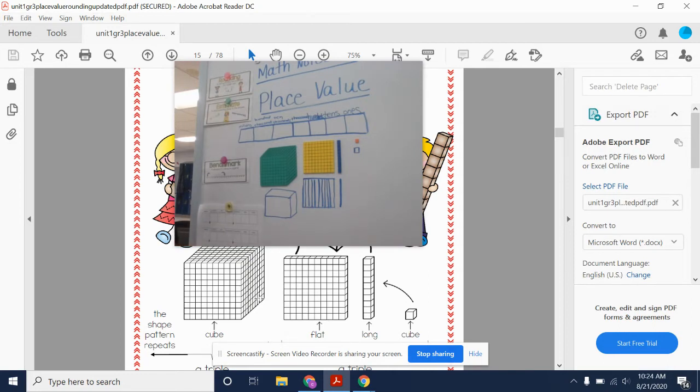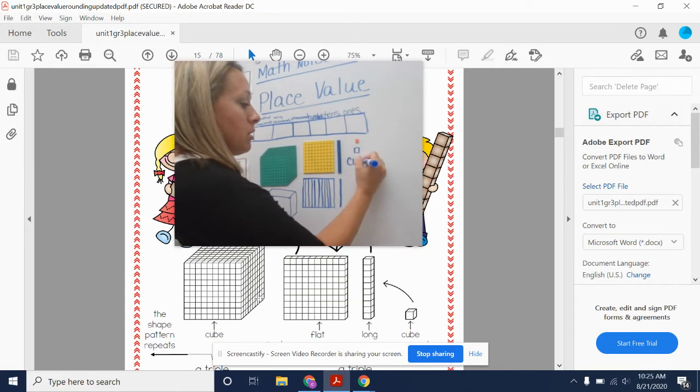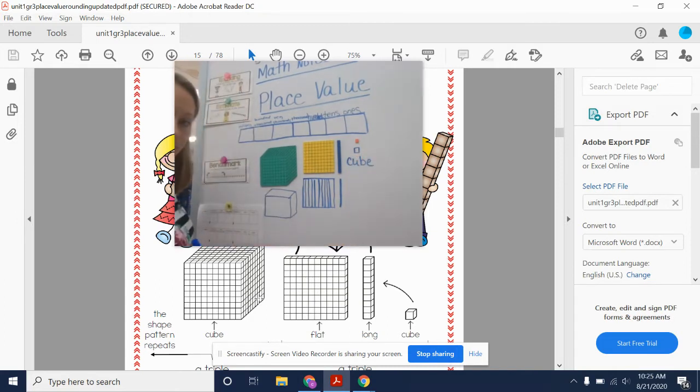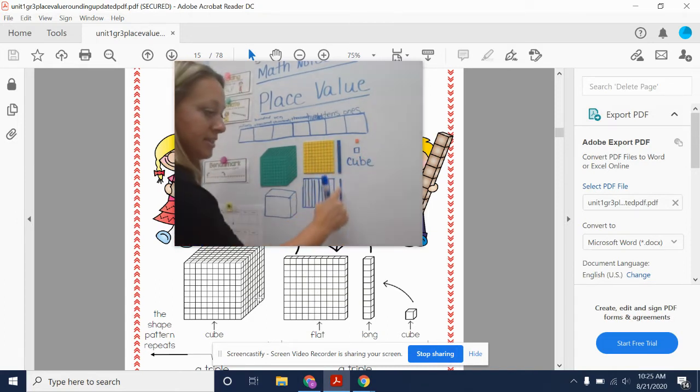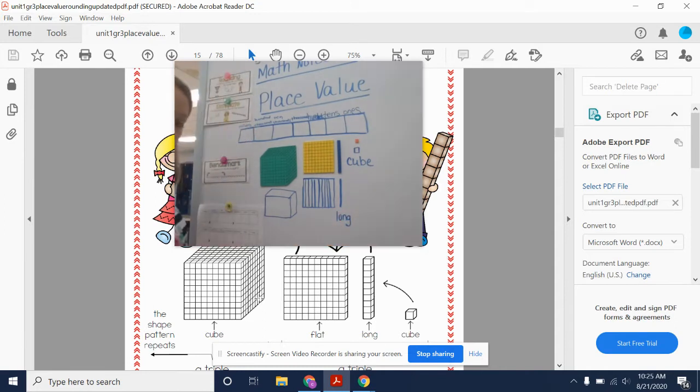You can pause this if you need to. We're going to give these names as well. So under each one of these, I want you to write that this is a cube. This is a long.